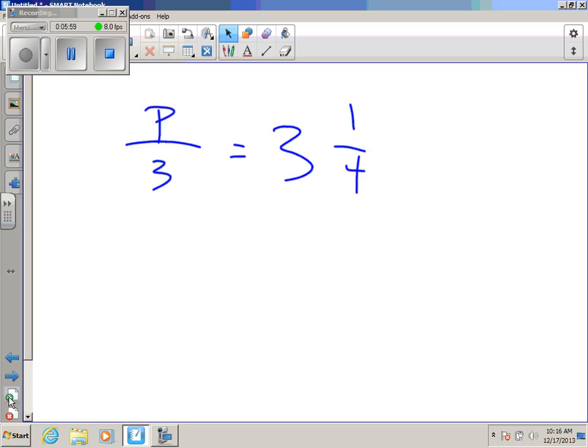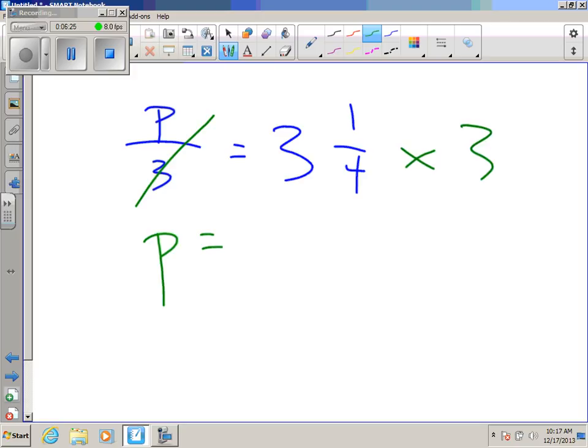Now, we'll ask the same question. What is currently happening to P? Good. The opposite of dividing by 3 is to what? Multiply by 3, good. Three and 1/4 times 3.